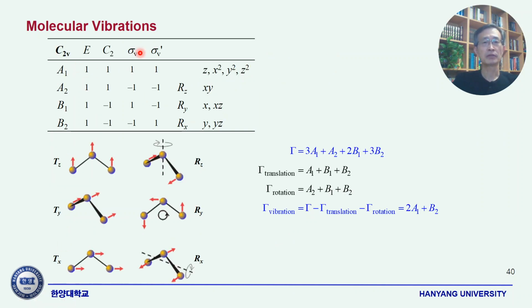You see, in the character table, the molecule with this symmetry, or the symmetry group, has rotations Rz, Ry, Rx that behave like the A2, B1, and B2 irreducible representations. And the x, y, and z coordinates are A1, B1, B2, respectively, and x squared, y squared and so on, the character table will give you the idea.